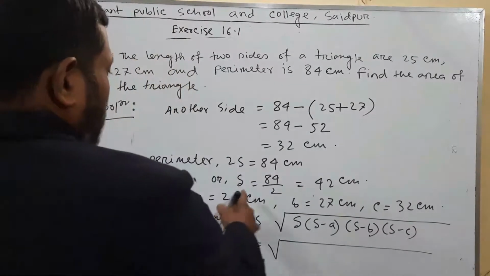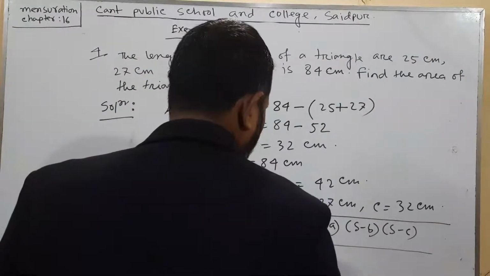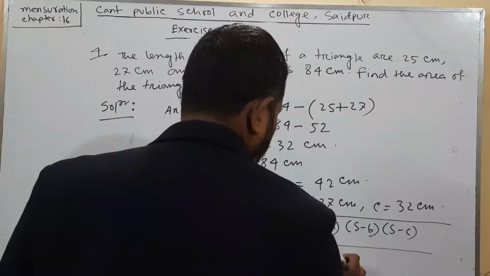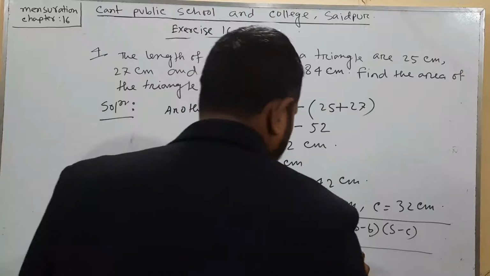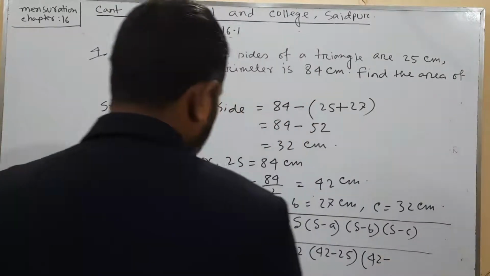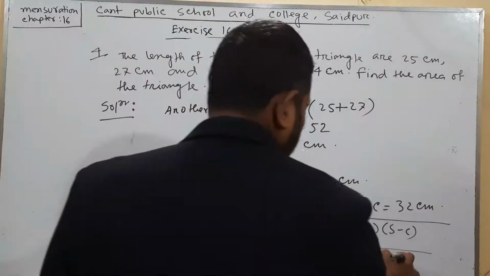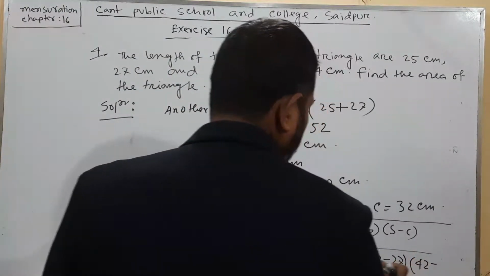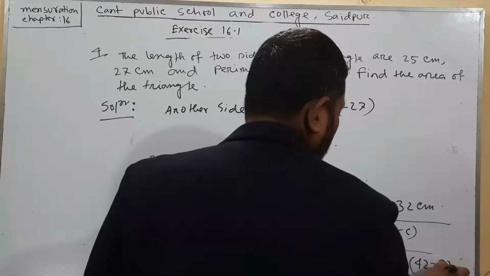Here s is 42, so 42 minus 25, 42 minus 27, 42 minus 32.